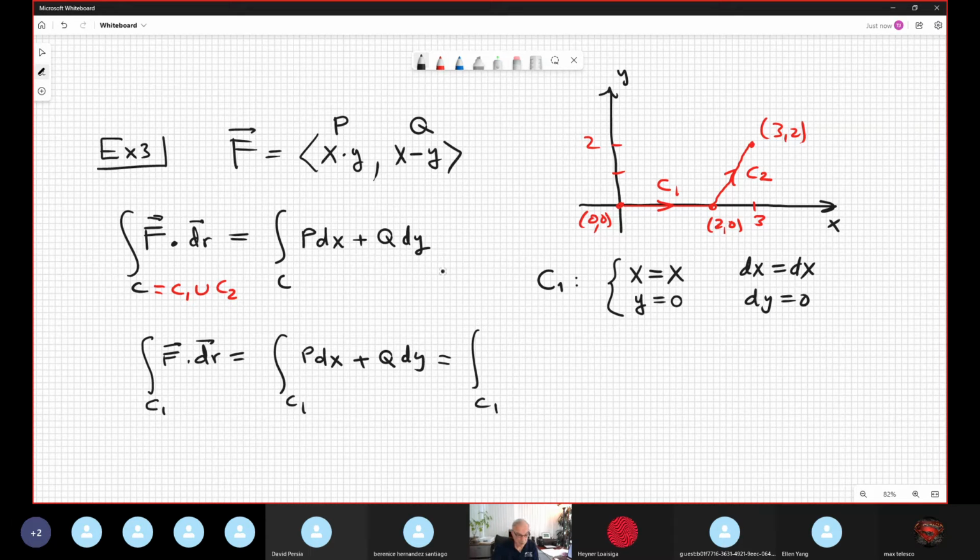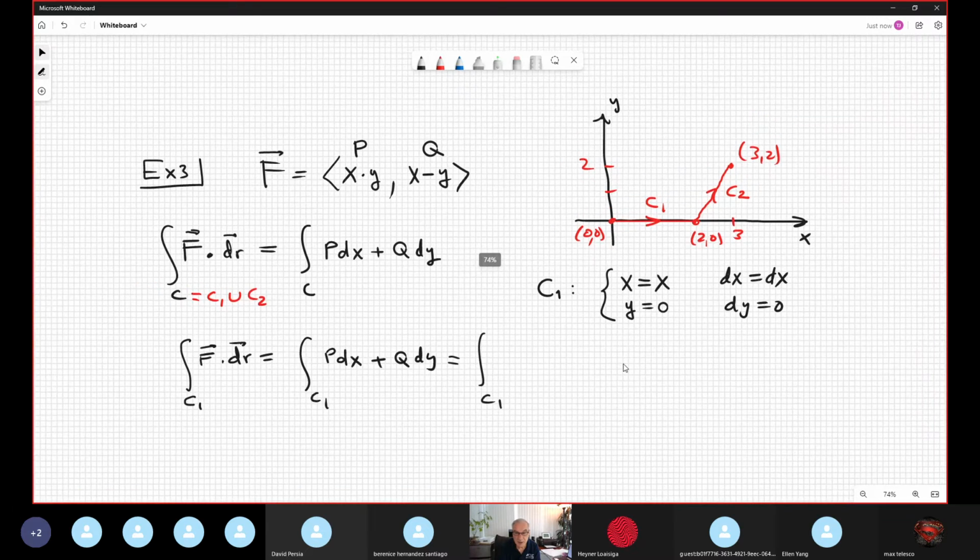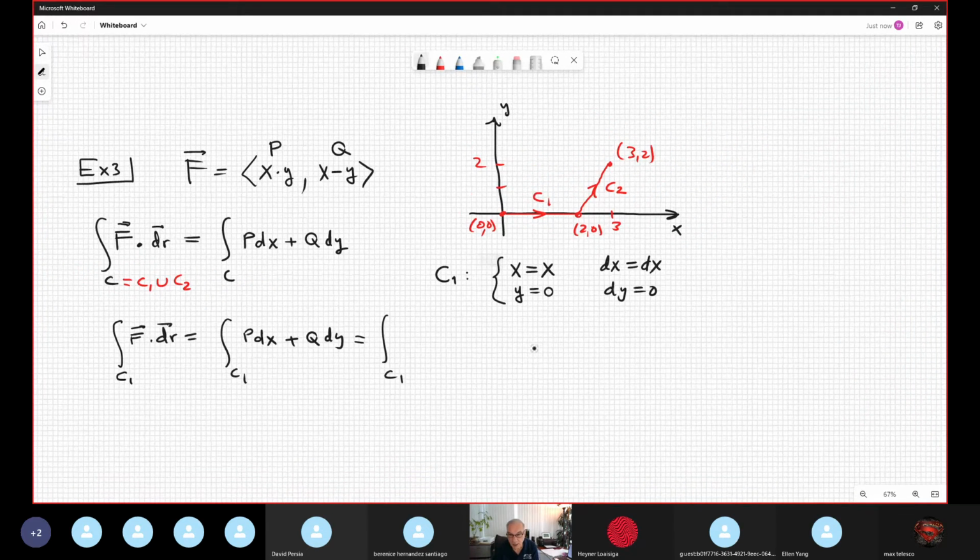So the vector field, let me copy it here, formula only on C1. Let me call it F1. Y is 0, so 0 times x is 0, comma, x minus 0 is x. This is the formula for the vector field, my new P1, Q1, specific on C1. So 0 dx, no problem, plus Q, which is x, multiplied by dy, which is also 0.